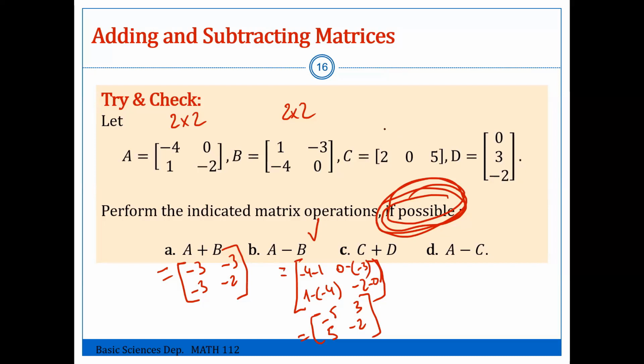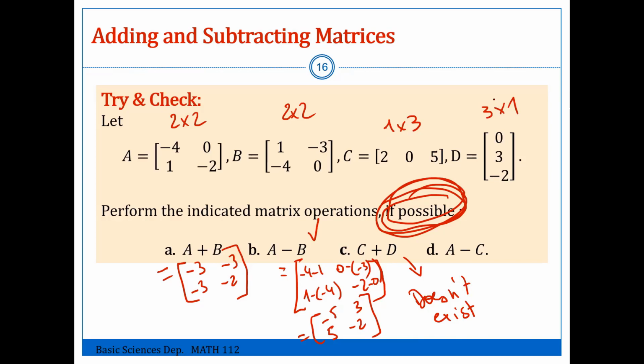Here the matrix is of order 1 by 3, and this matrix is of order 3 by 1. Do they have the same order? No. So this does not exist. Undefined. Cannot add.